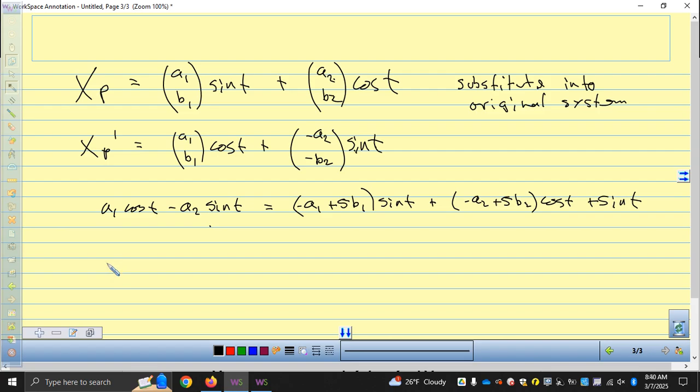And for my second row, I get b1 cosine t minus b2 sine t equals negative a1 plus b1 sine t plus negative a2 plus b2 cosine t minus 2 cosine t.